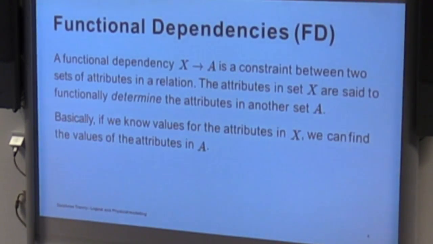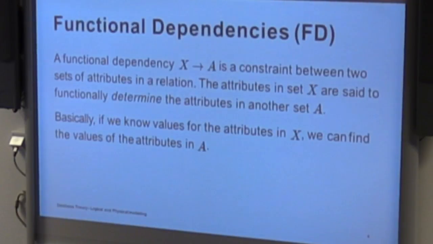But we need a few new words here to describe what we should be doing today, and the first thing here is the functional dependency. And the functional dependency means that you have a set of attributes that depend on some other attributes.